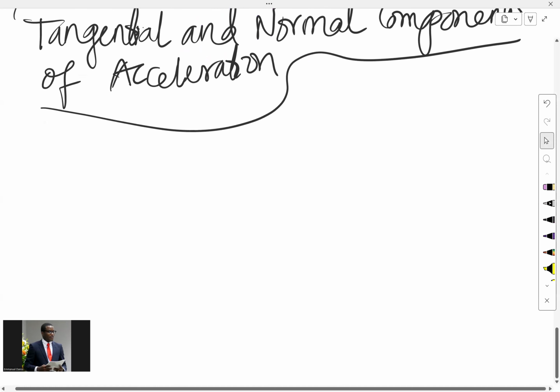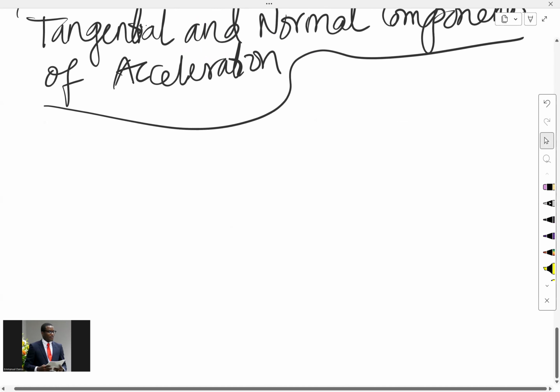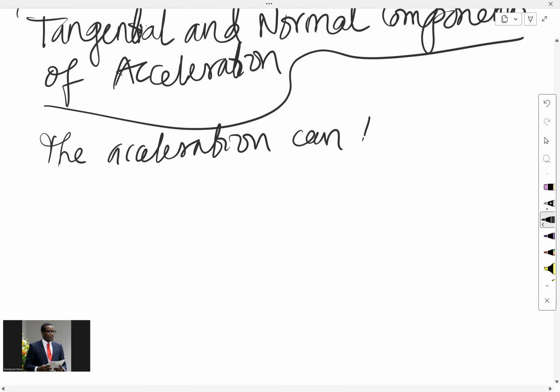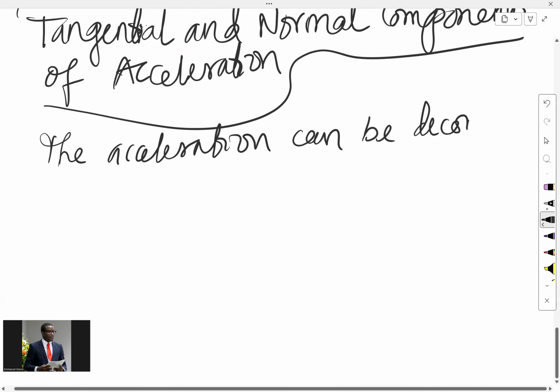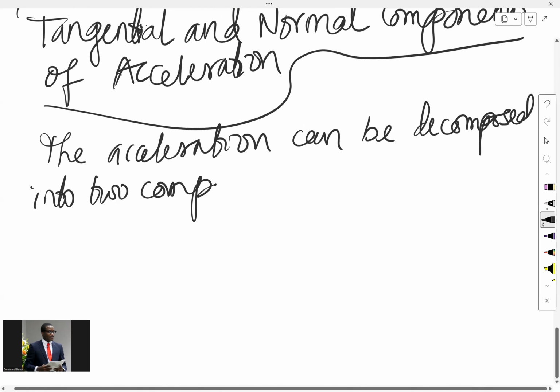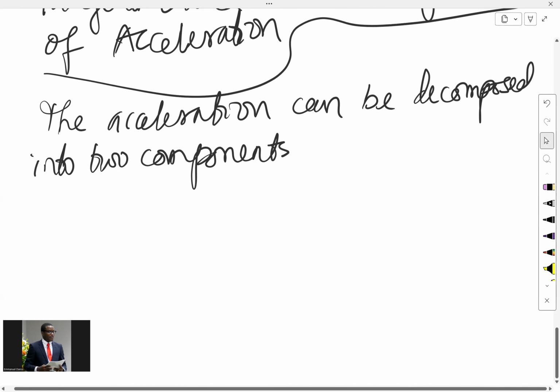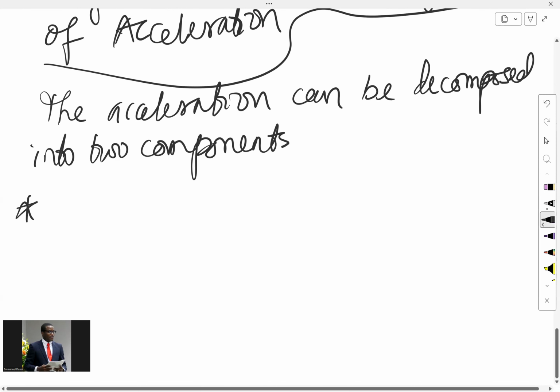So now we want to see it in the sense of vectors. The acceleration vector can be decomposed into two components. The first is the tangential component.